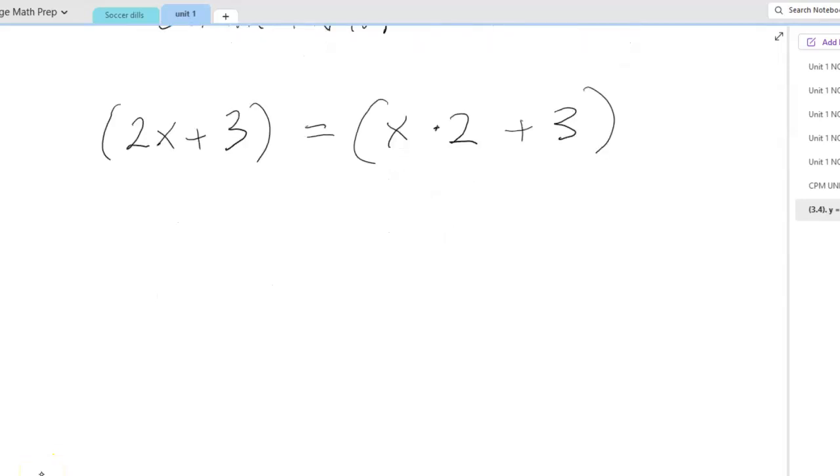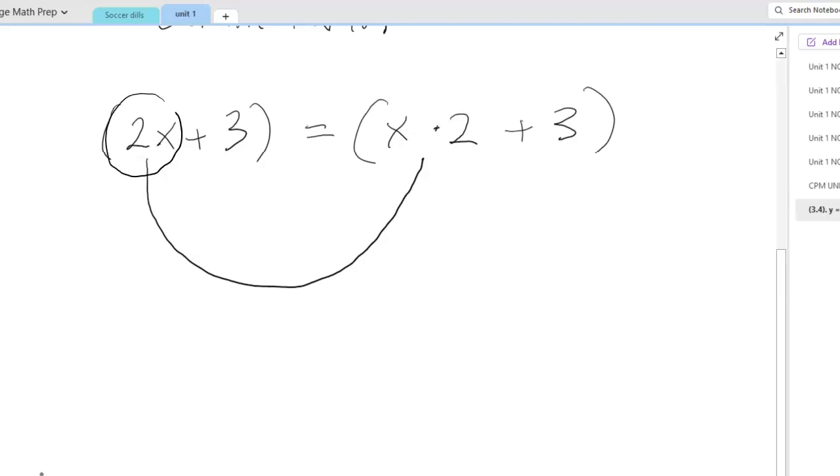I really want to warn you about this one. Again, pay attention to what is happening. The only thing that changes between the left side and the right side are these two things here. And what you should notice is that 2 times x becomes x times 2. Now, obviously, those two things are the same. So, we know it's commutative because something is flipping.